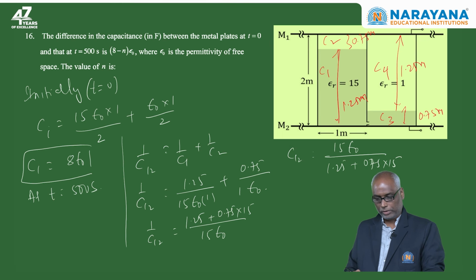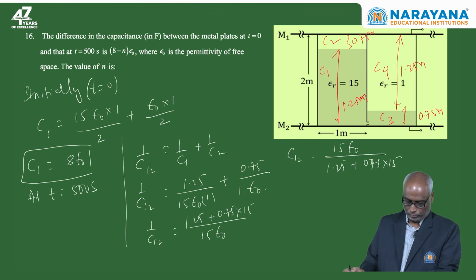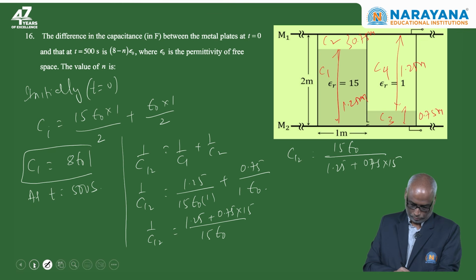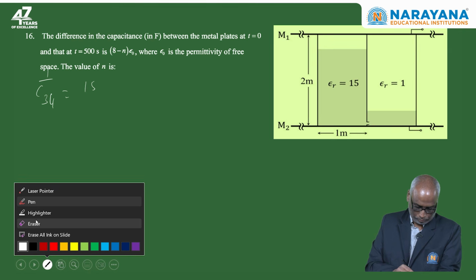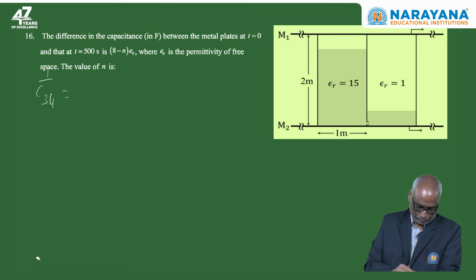Similarly, the capacitance between the portions of the right chamber is C34. 1 by C34 equals 1 by C3 plus 1 by C4.